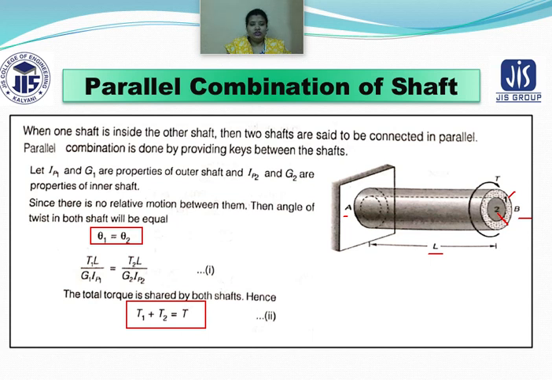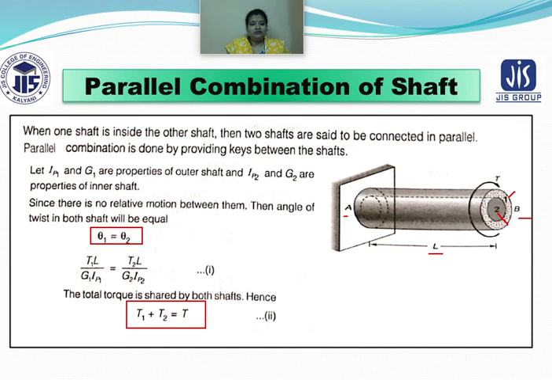From this lecture, I would like to say to all of you that in case of series, T1 is equal to T2 is equal to T. But in case of parallel, the total torque induced is equal to T1 plus T2.